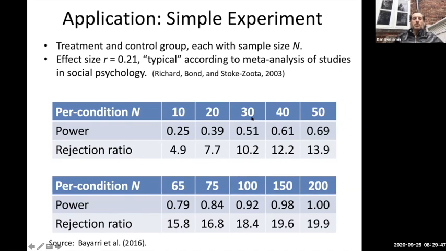So it means that after you ran your experiment with 30 people in each condition and you got a statistically significant result, or if you were planning a study with 30 people in each condition, then what you should think to yourself is, if I got a statistically significant result from that study, and I was testing a typical hypothesis where my prior odds would be 1 to 10, then after a statistically significant result, I should now think it's 50-50 that there really is an effect. So maybe that's not convincing enough. Maybe that means that you would want to do a study with more power. You would want to do multiple studies to get those posterior odds higher.